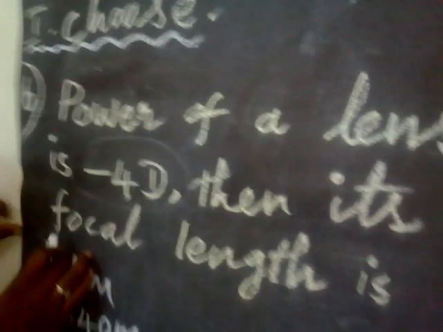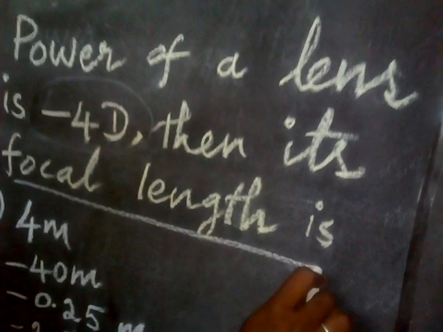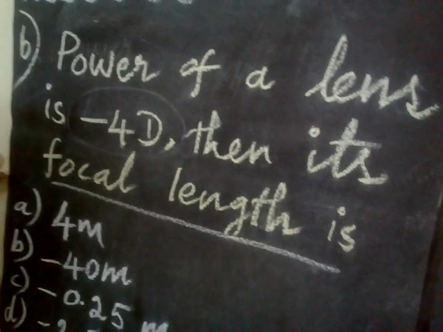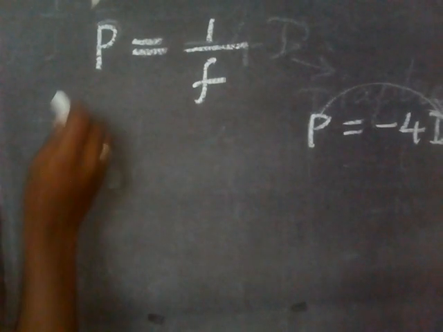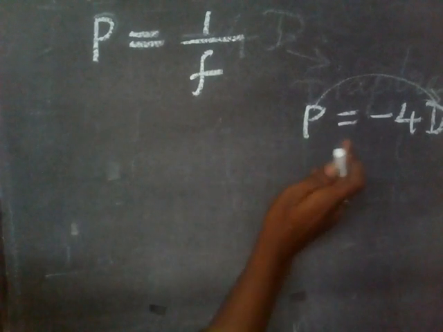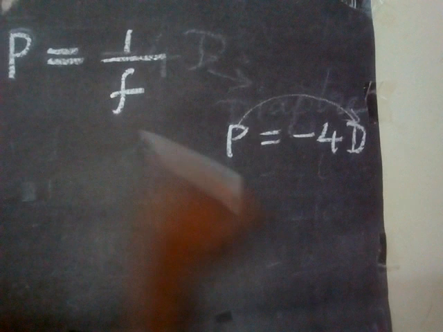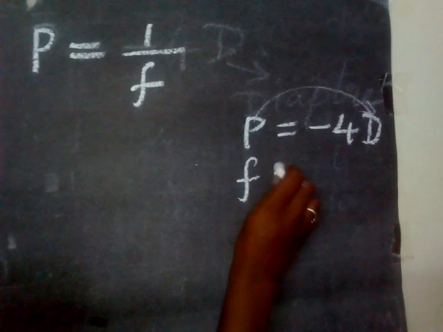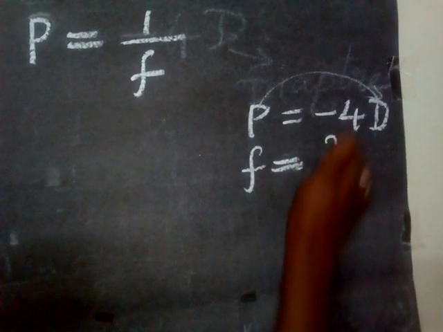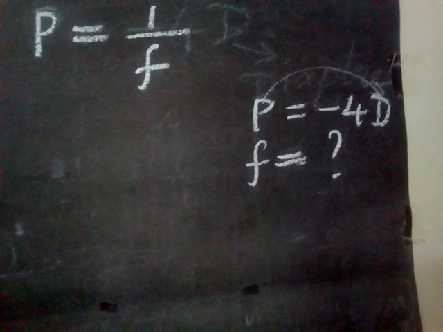From this question we have to calculate the focal length of the lens. See the formula, P is equal to 1 by F. They have already given the P value, minus 4D. You have to find the focal length of the lens.